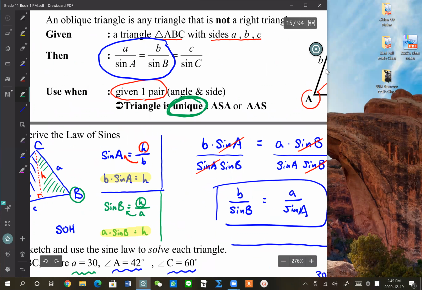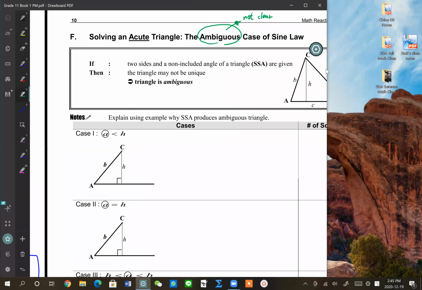Now, here's the case when I give you something, the information is not clear whether you can get a triangle or not. And sometimes, even if you get it, you might get more than one triangle. So that's why it's not clear. So this is what this page is about. We'll talk about why and when the question will be ambiguous, when the question is not clear.